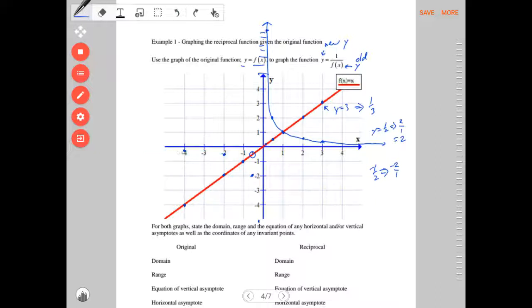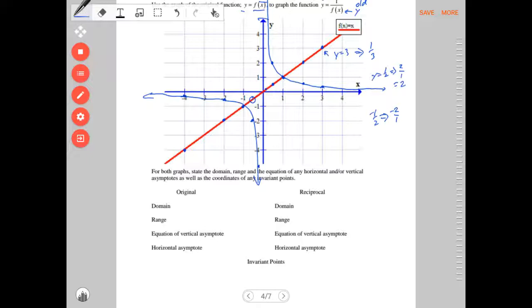See if you can draw that a little better, Mr. V. Okay, here we go. And then down, down, down, down. Kind of like that. So you can see that there's a horizontal asymptote on the x-axis, and a vertical asymptote on the y-axis.